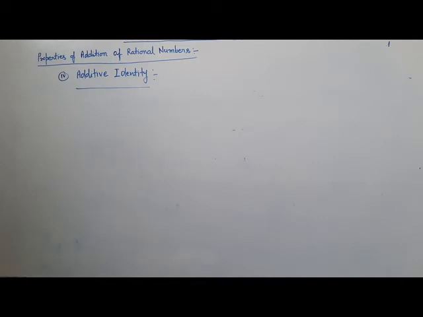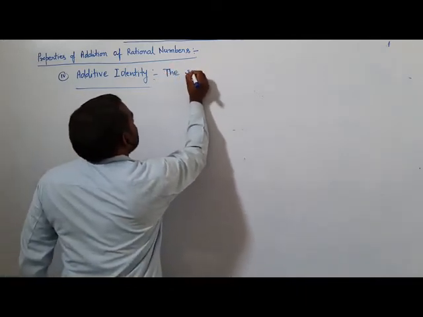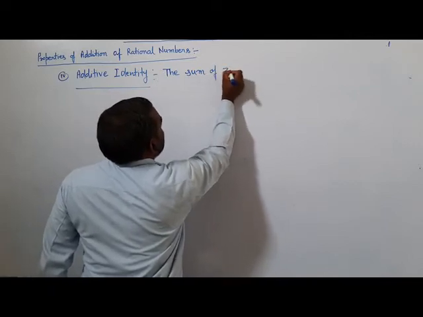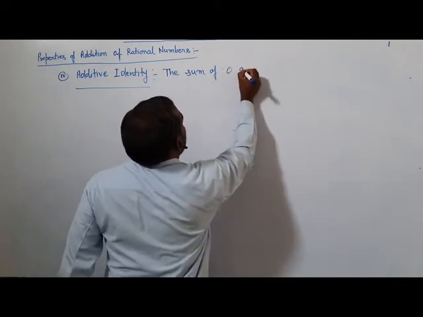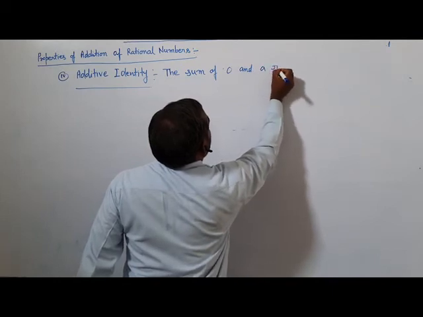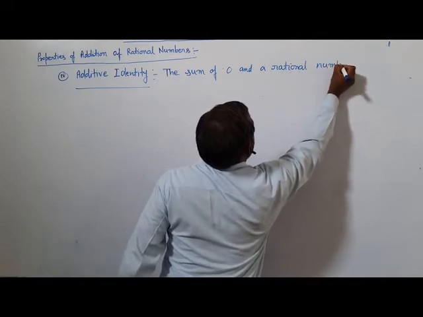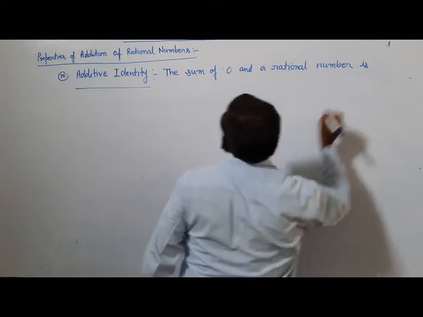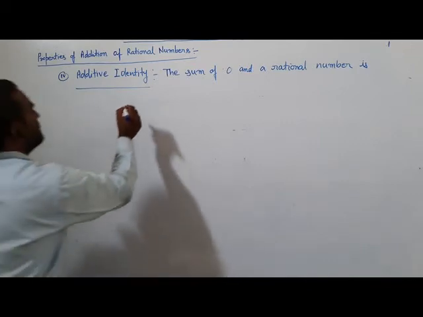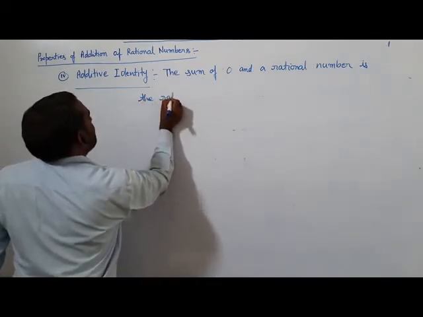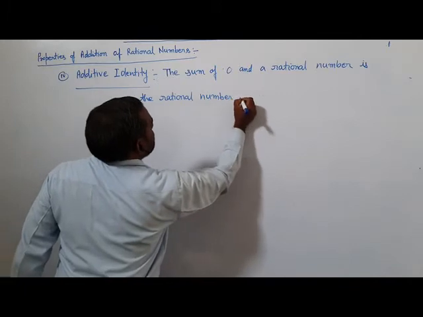In additive identity, the sum of 0 and any rational number is the rational number itself.